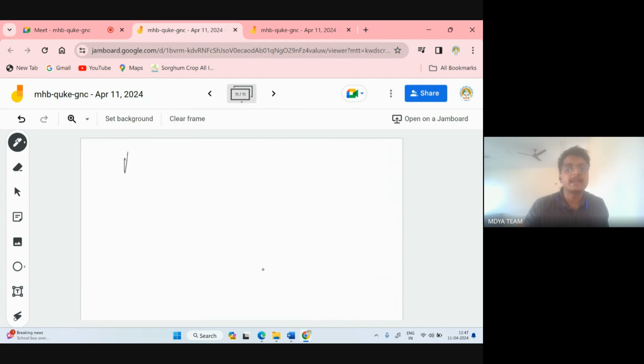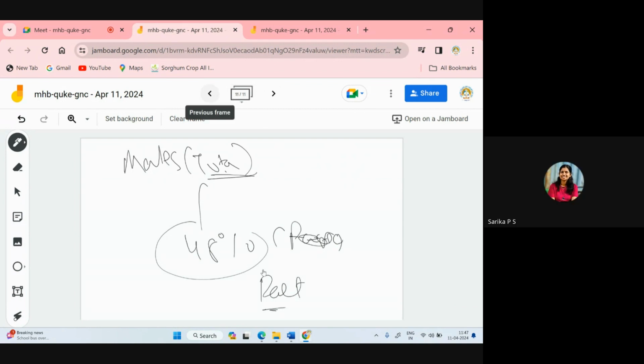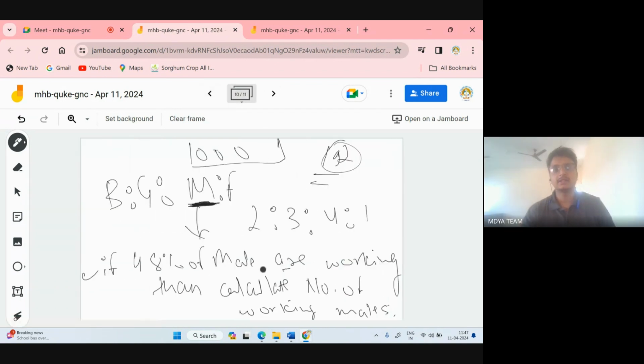And of the total males, 48% are working. You know the percent, you know the total, just calculate the part. Is it clear? Yes. Okay. Does anyone have a doubt in this second line? If you have no doubt, then you can easily do most of the DI questions because most questions will be like this only.